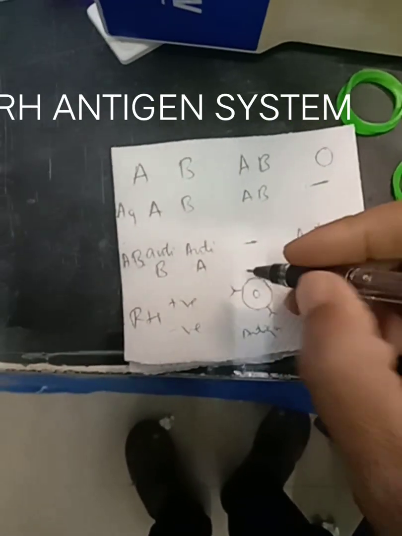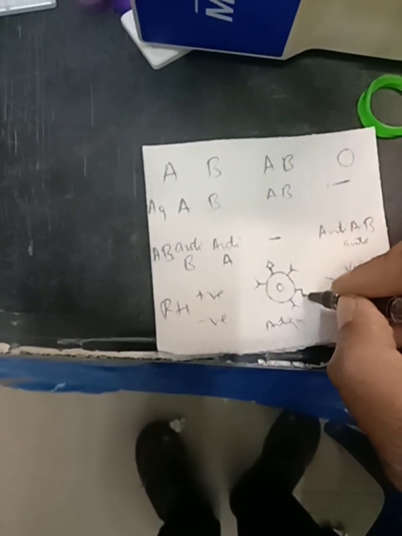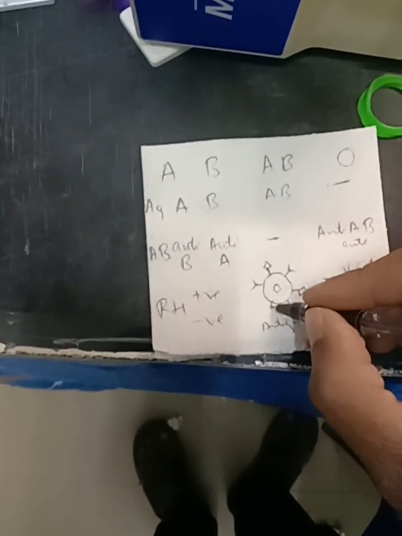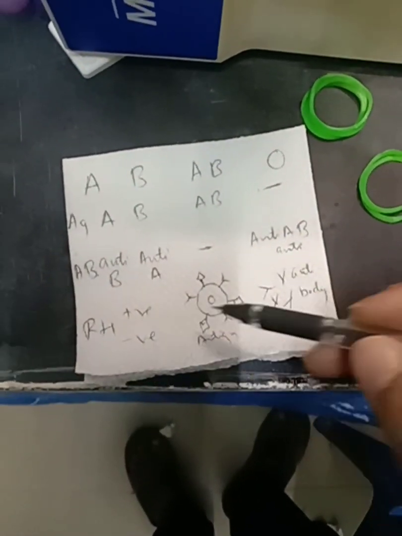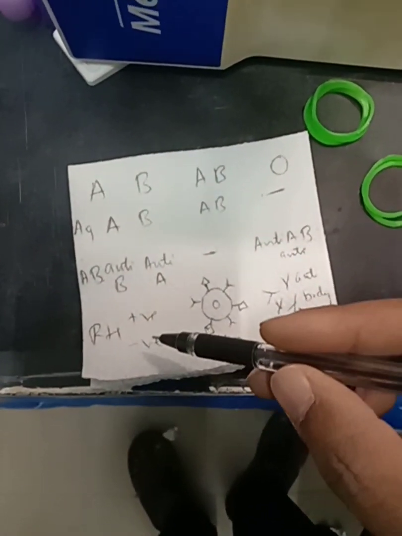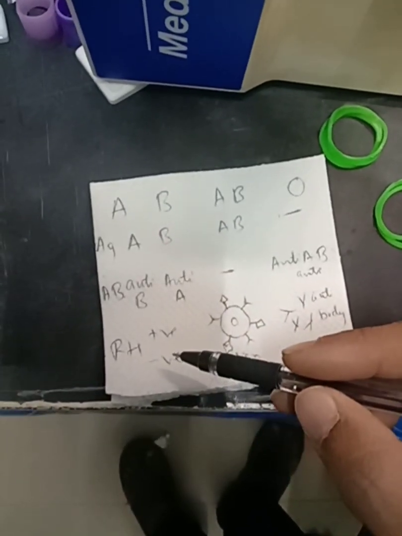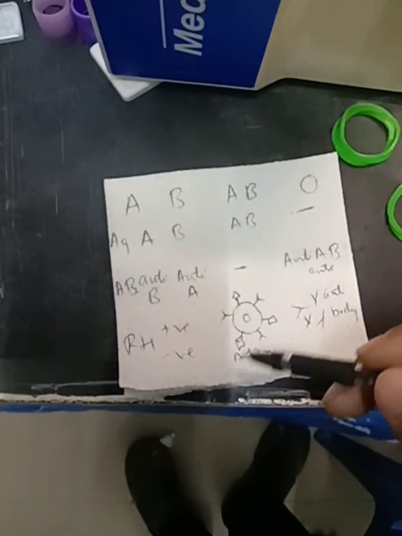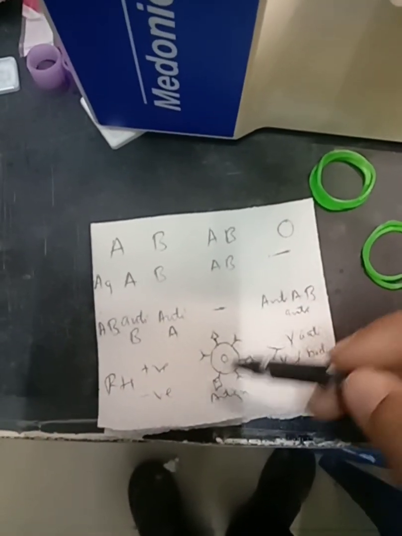Again, in RBCs there is the Rh antigen, just like the A and B antigens. In an Rh positive patient there is the Rh antigen. In a patient with negative Rh, there are no antibodies, but if they are exposed to the antigen they may develop antibodies.